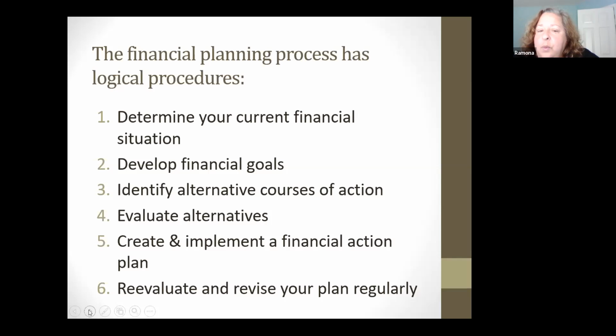Then once we've gone through and evaluated these alternatives, we're going to create and implement the financial action plan that we're choosing. Basically, if we have a budget, we will then develop an action plan on how to actually achieve the items we are looking for in that budget.